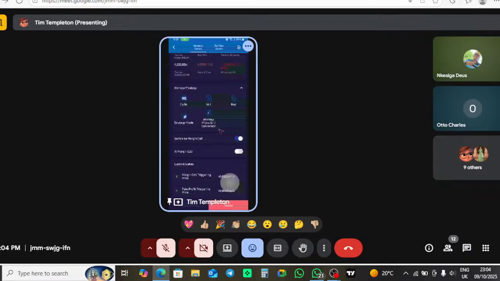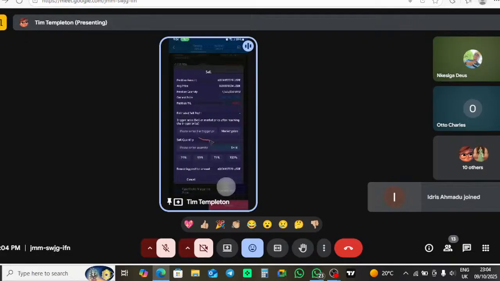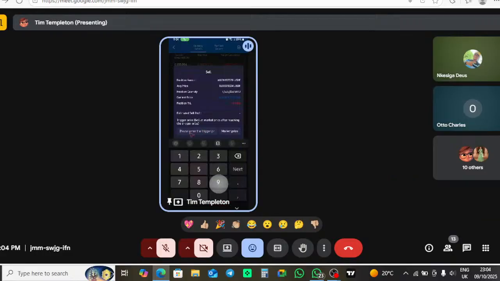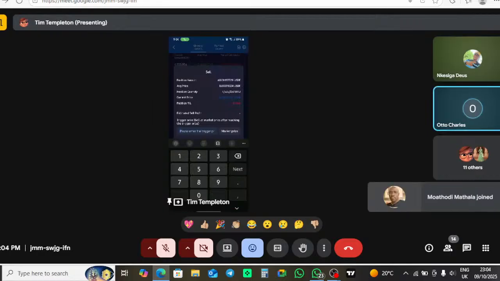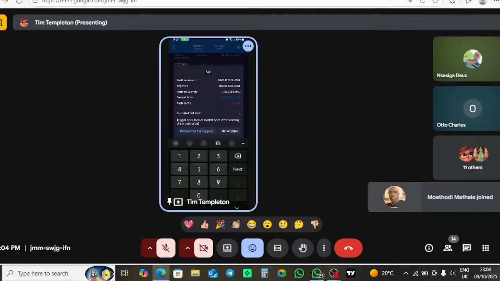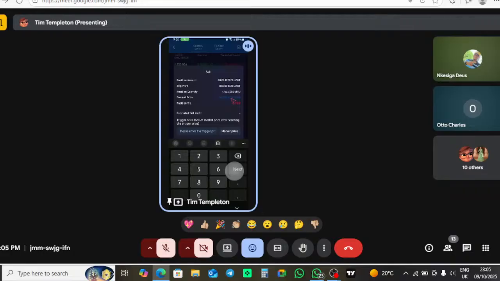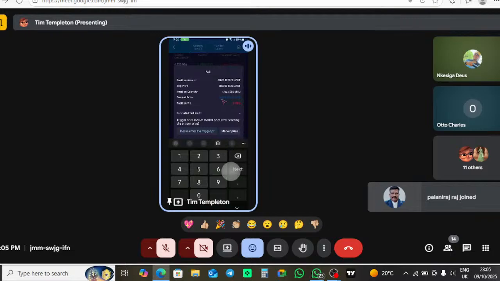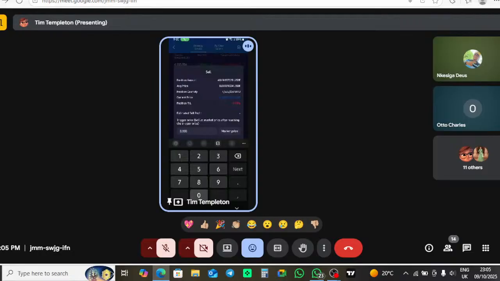It's the same thing for spot. You're going to tap the sell button, and then enter right here the trigger price, the price that you want to set your stop loss at. Let's say the average price here is 11100, a price below the current price. Whichever price you want to set this stop loss at, usually it will be provided or you'll be able to see it on your trading.